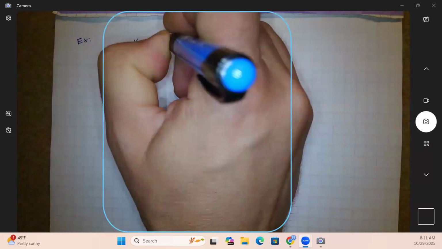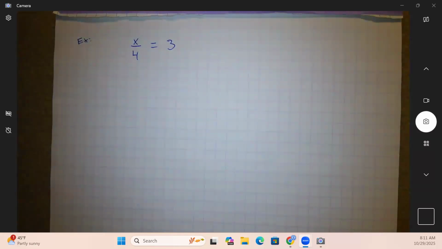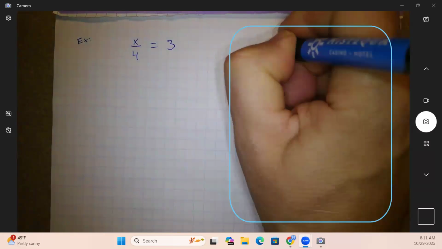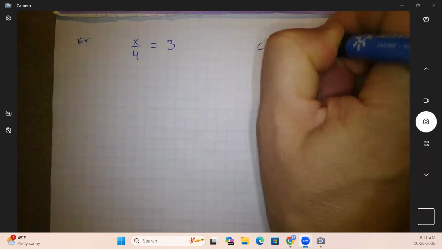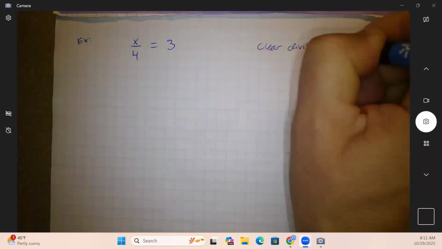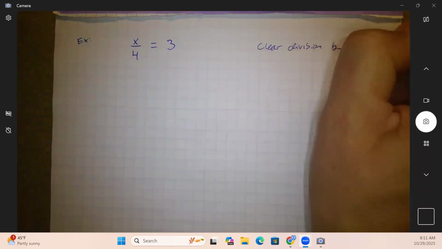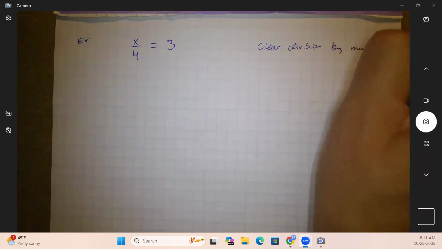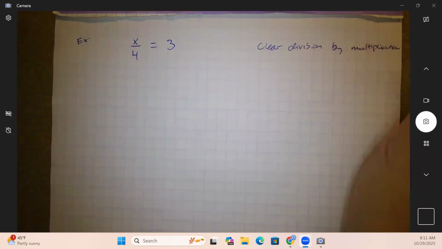I could have an equation that starts off with the division, x divided by 4 equals 3. So we want to clear the division by multiplying, because multiplication is the opposite arithmetic for division. Multiplication undoes division.